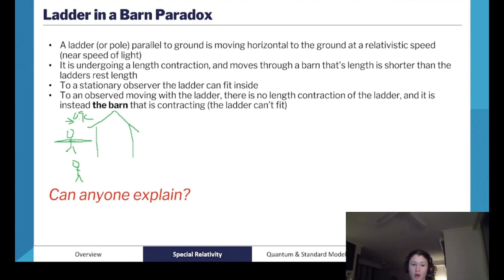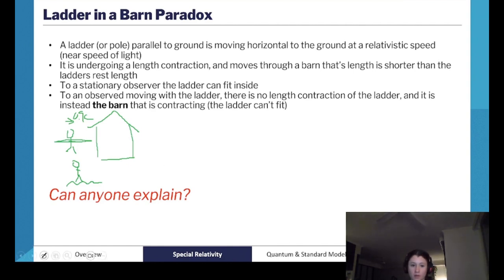So the person outside is seeing the ladder being contracted to be shorter in the direction of motion.